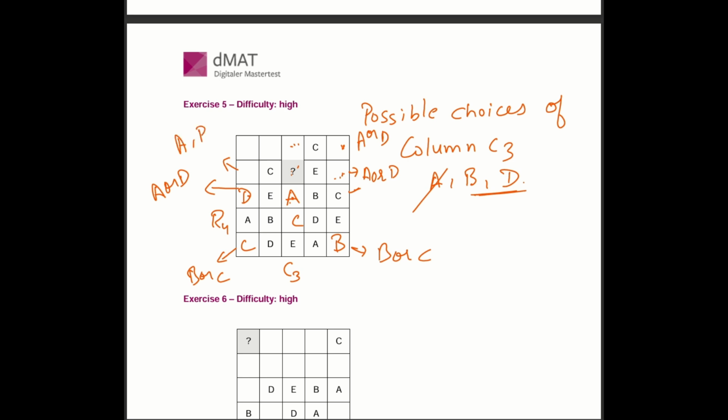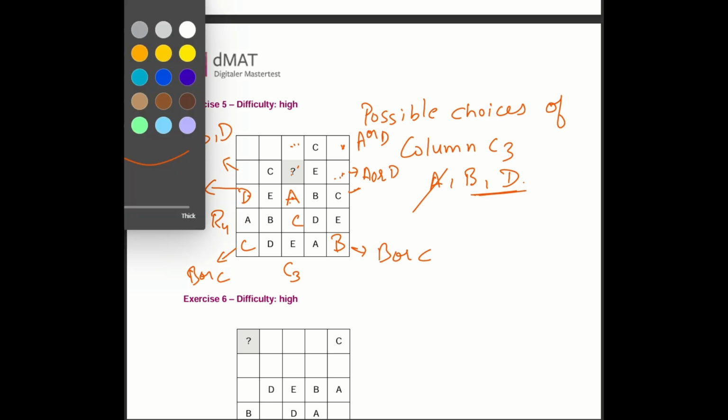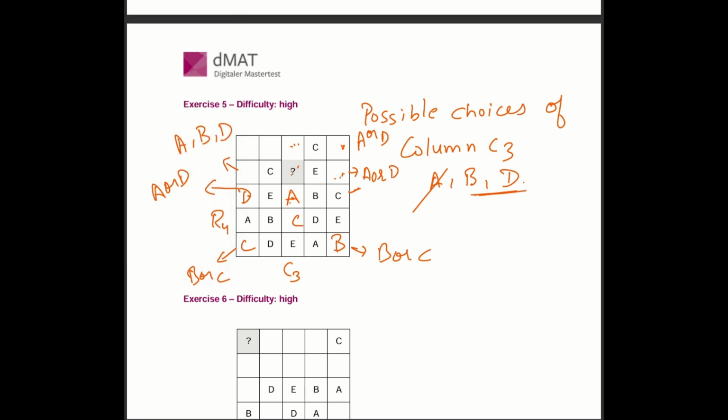Move to this row. The possible choices are A, B, D. Can we take D here? No, the only choices left are A and B.